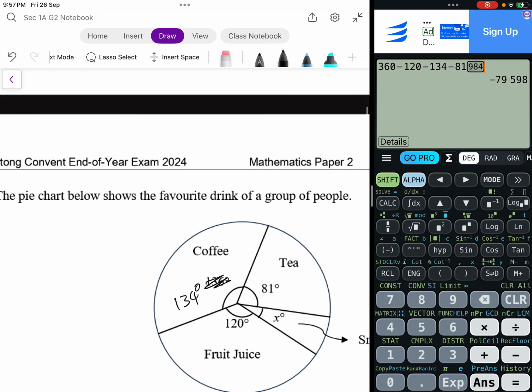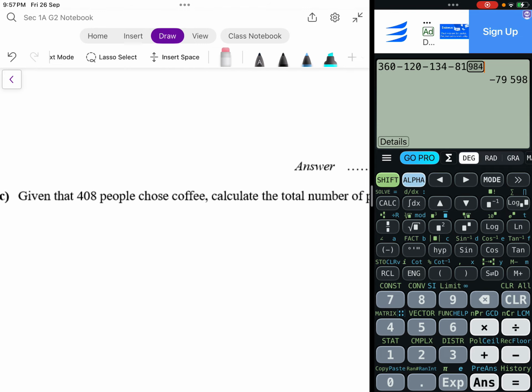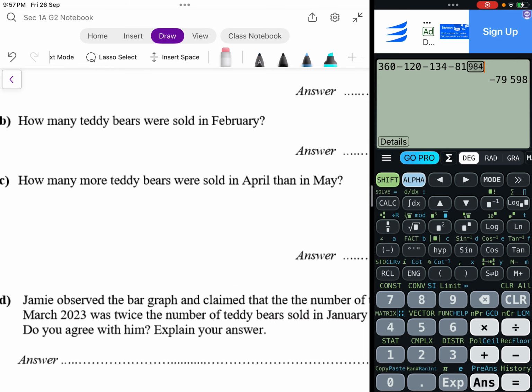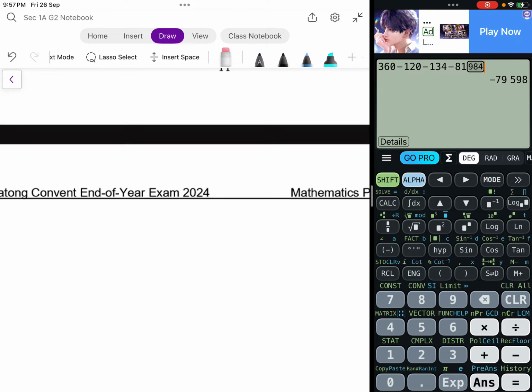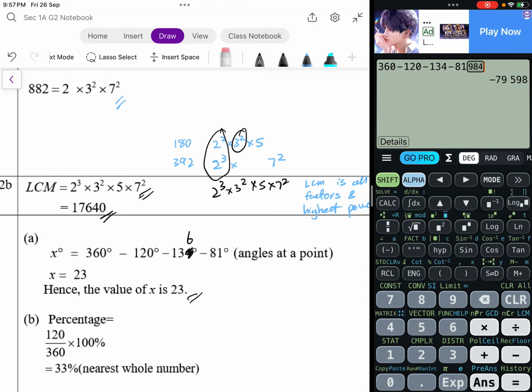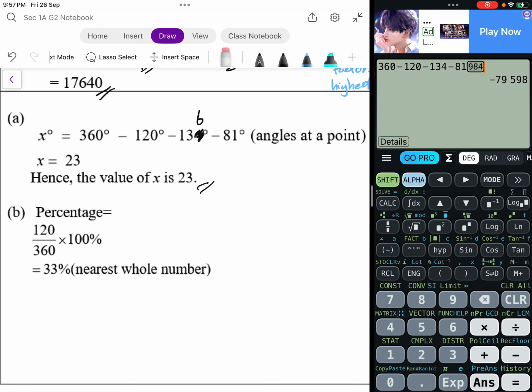The typo is in the solution, so this is 136, and x is equal to 23.